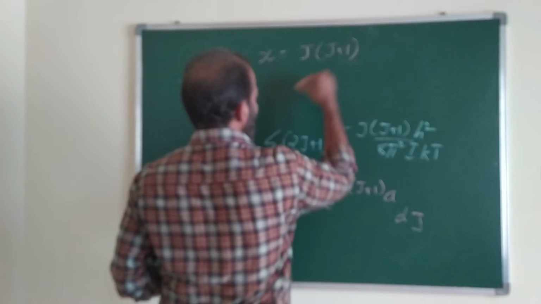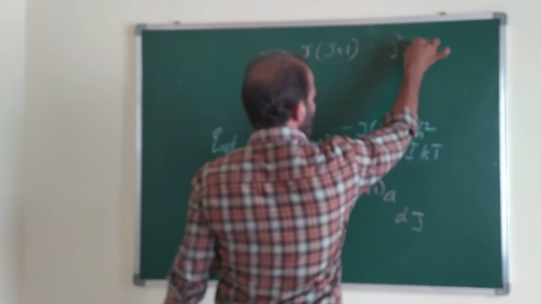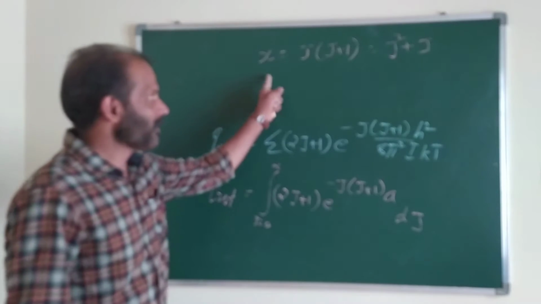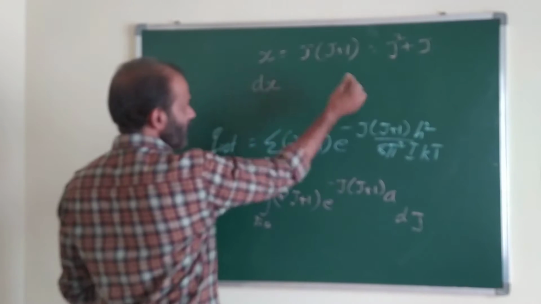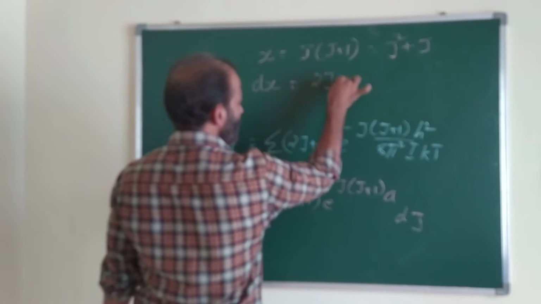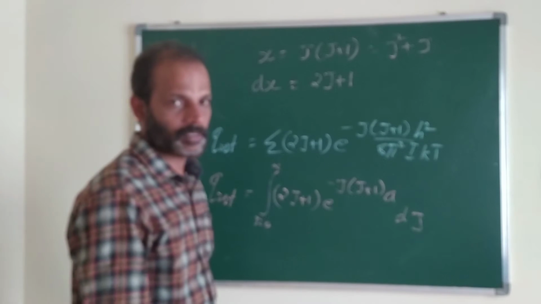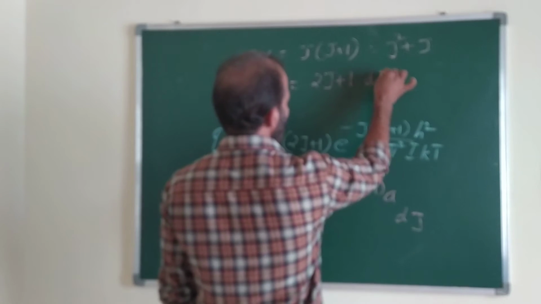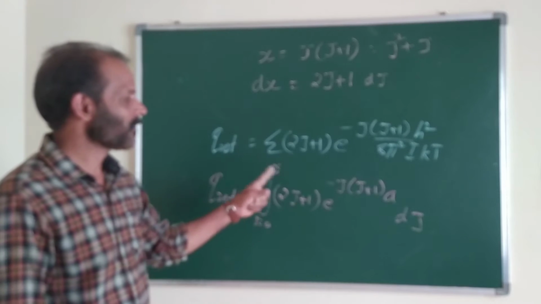Suppose x is equal to J into J plus 1, which is equal to J square plus J. On differentiation, dx, we get 2J plus 1 dJ.